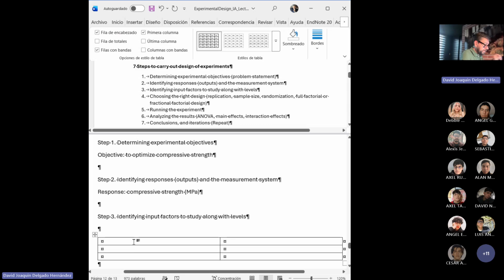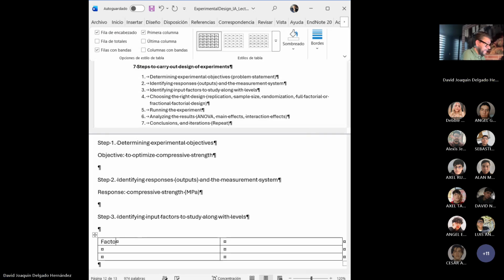So this is the factor, and this is the range. So look, the first factor will be the water cement ratio. And we are going to have the following range from 0.35 until 0.60. Okay. And then the curing time.